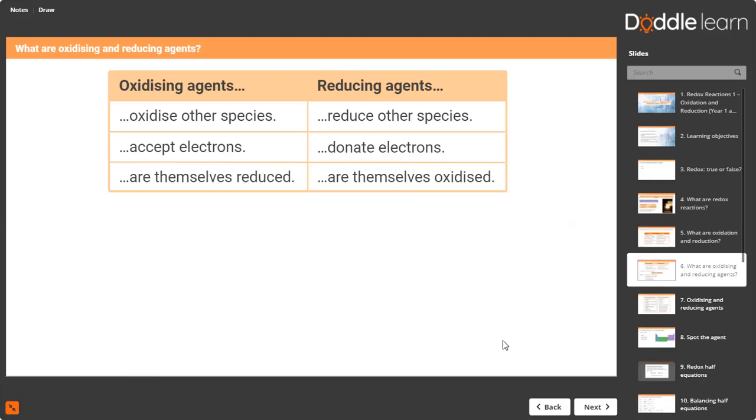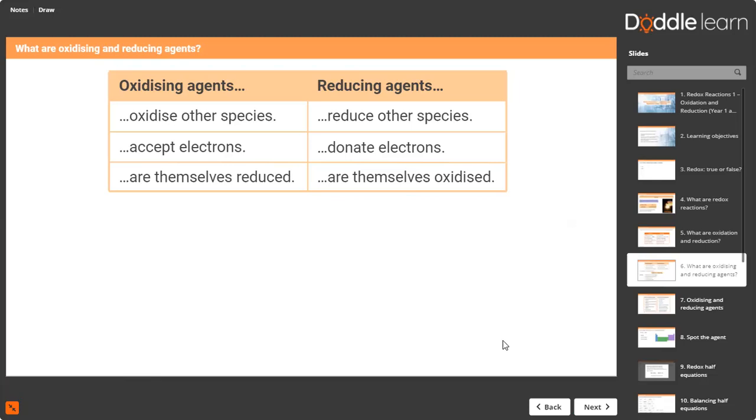Basically, the oxidizing agent isn't the species that is becoming oxidized. The oxidizing agent, whatever it is in this situation, comes in and oxidizes the other species. It accepts electrons, so the other species loses electrons, and the agent itself is reduced. It gains those electrons itself, and loses oxygen and gains hydrogen, so therefore it's reduced.